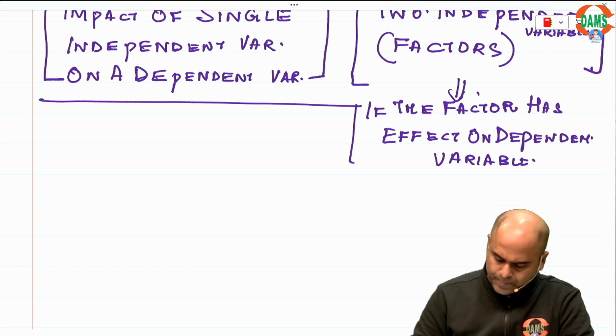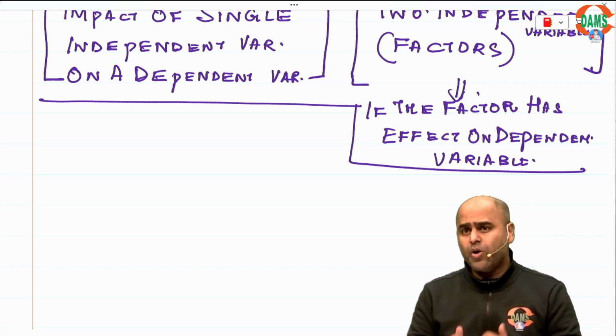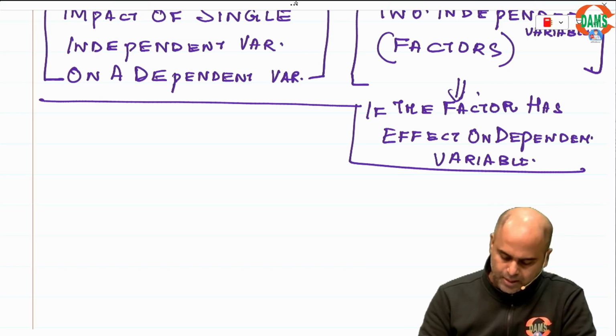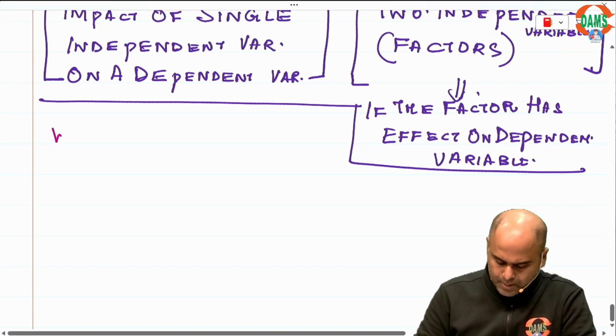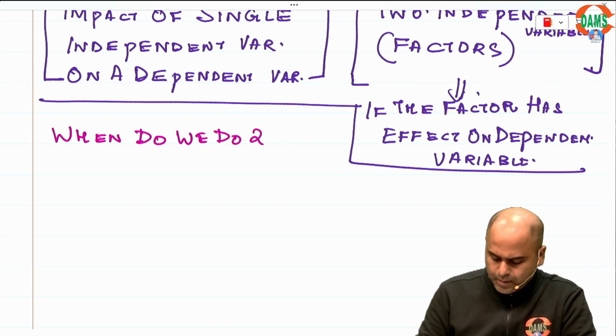Yes guys. So in a nutshell, this gives you a very simple understanding about where we do a two-way ANOVA. Now, when do we do the two-way ANOVA?